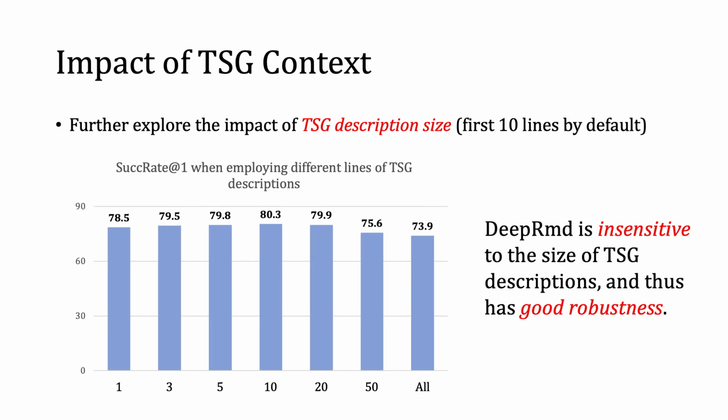Finally, we further explore the impact of TSG description size to see the robustness of our approach. Lastly, our approach is generally insensitive to the size of TSG descriptions and thus has good robustness.